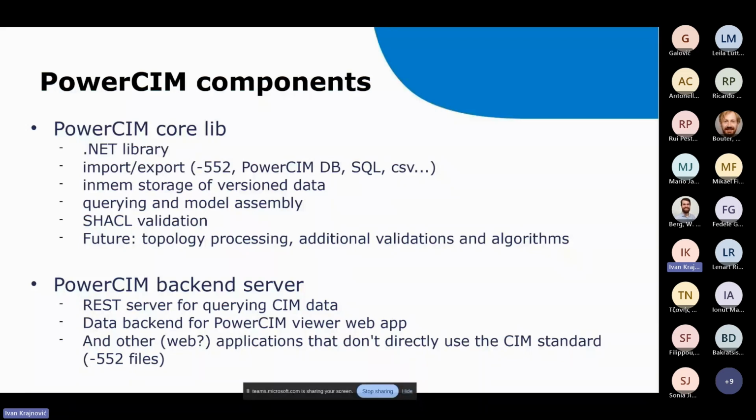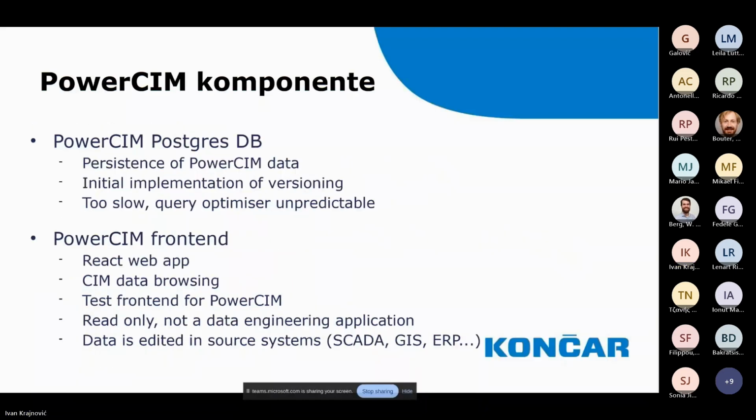And we have a backend server that uses this core library to serve this data for REST API and really for apps that don't directly use the SIM standard, because when you have, for example, SCADA that expects SIM data, it will probably import 552 SIM XML files. But you can have a web app using the SIM data that uses the REST API directly.